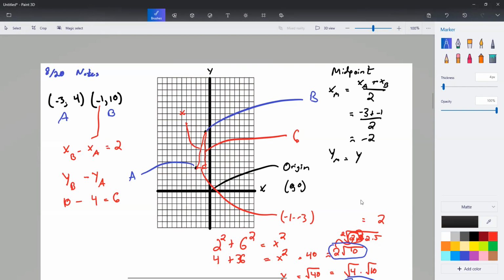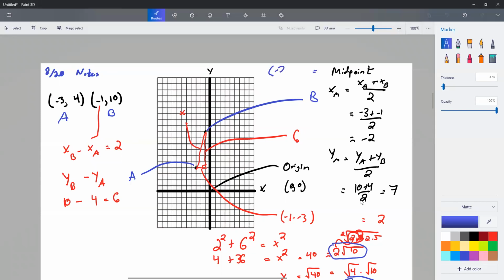You have the y coordinate of point A and the y coordinate of point B, and you're going to average them. When we do that, we're going to get 10 plus 4 divided by 2. So 14 divided by 2, and that's going to be 7. So your overall midpoint is going to be -2, 7.